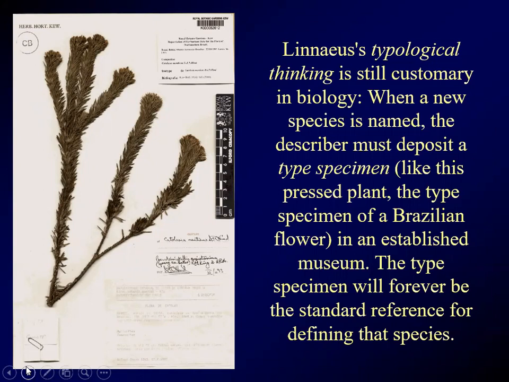And if you find something that you think is new, let's say you find a plant that doesn't look like anything you've seen before and you collect it, you first go around and consult all of the original descriptions of similar species. And if you think your new plant is different from all of them, you write up an official description of your new species.